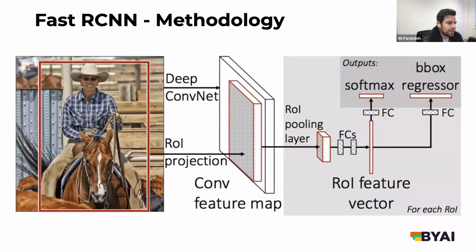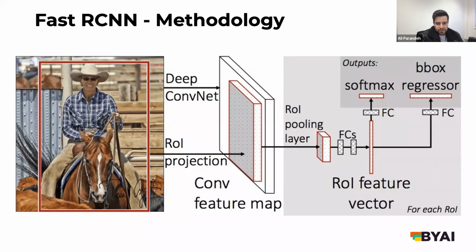Right? So this is the image taken from the actual paper itself. Here you can see when it takes one image, it takes the region proposals at the same time and performs the region of interest projection on top. Once it passes through the region of interest pooling layer, which only applies pooling on the region of interest, that's why it's called that, and through a bunch of fully connected layers, it connects them to two output networks.